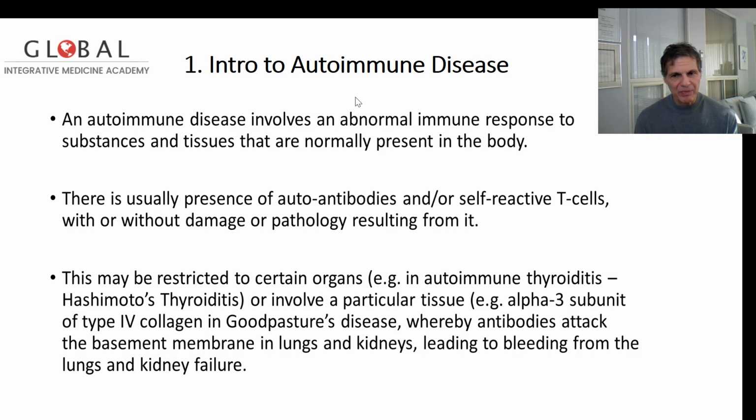And often you get these self-reactive T cells where the CD4 cell morphs into a CD17 cell, secreting interleukin 17, which produces a great deal of inflammation and upregulation of tumor necrosis factor alpha that perpetuates autoimmune disease.